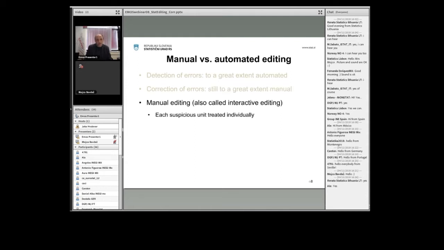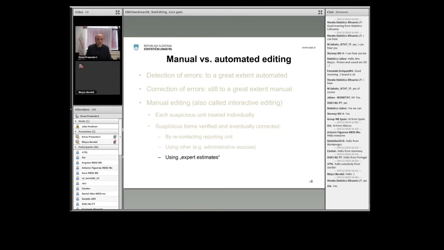This manual editing, just to mention, is sometimes also called interactive editing. Each suspicious unit is treated individually, verified and eventually corrected, and as already said, verified by recontacting the reporting unit, by using other administrative sources, let's say, or by using your expert knowledge, so using your expert estimates.